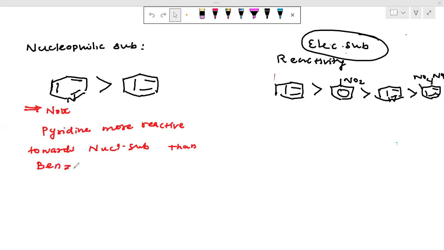It's very important. But we saw that pyridine is less reactive towards electrophilic substitution than benzene. Note this carefully.